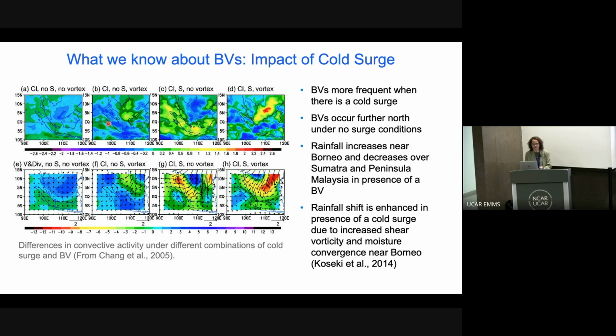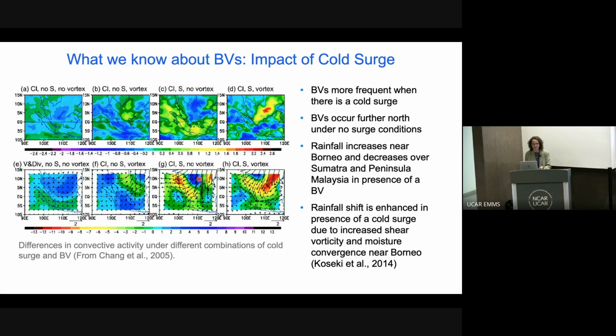If we have the situation with no cold surge but a Borneo vortex, you can see a distinct increase in convective initiation, and the location is shifted to the northern parts of Borneo and really into the South China Sea. Again, that goes hand in hand with an increase in low-level convergence. If we have cold surge conditions but no Borneo vortex, then there's another shift in the location of convection. Now it's located pretty much over the big islands in this region, and you can also see this in the low-level convergence.